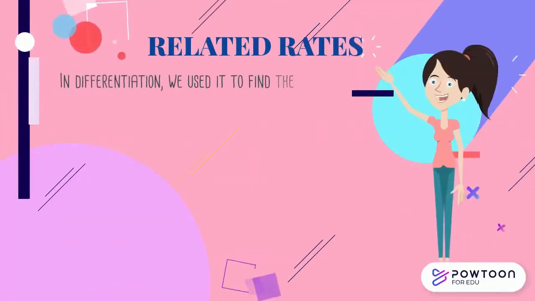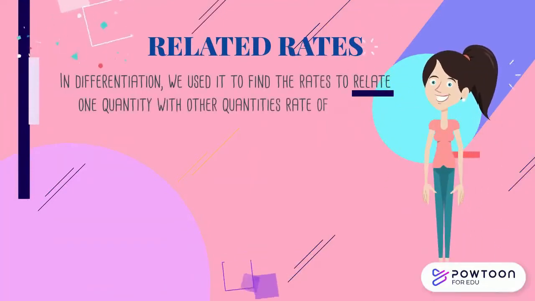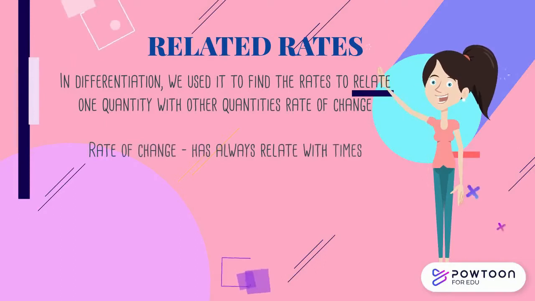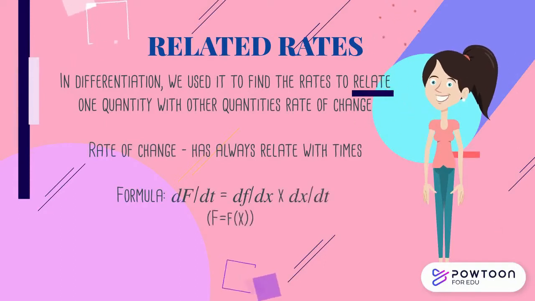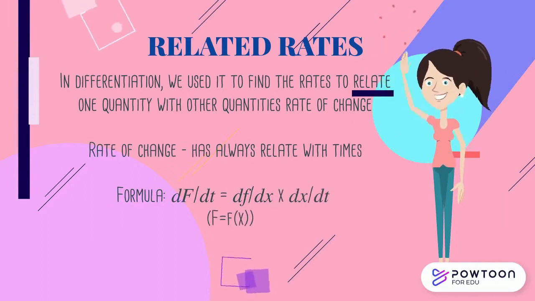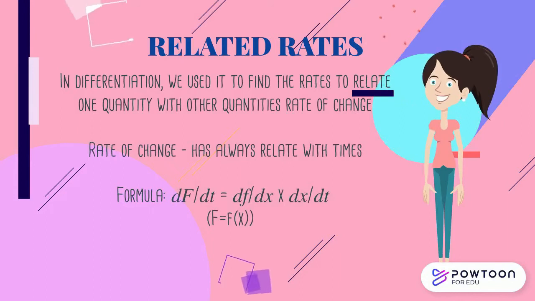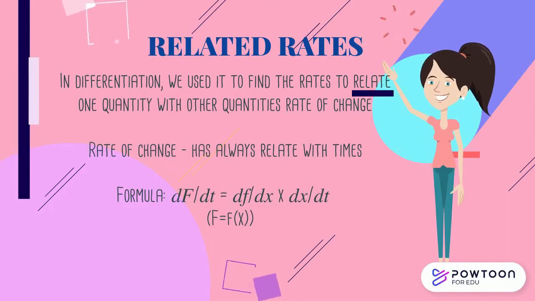Related rates. In related rates, we have to apply the differentiation method to find related rates. We use differentiation to find the rate of one quantity with respect to another quantity's rate of change. As we know, rate of change is always related with time. The formula for this related rate is df over dt.